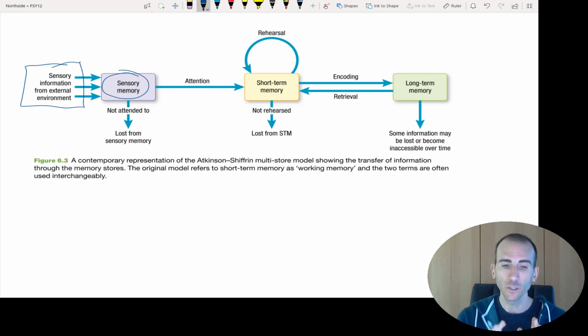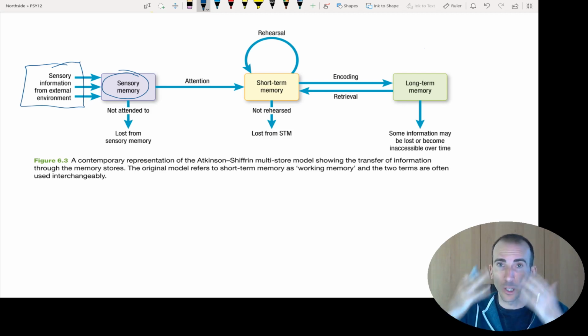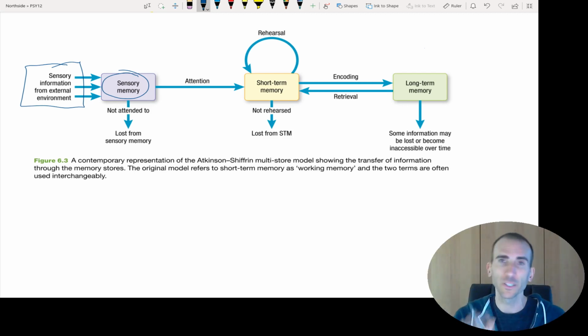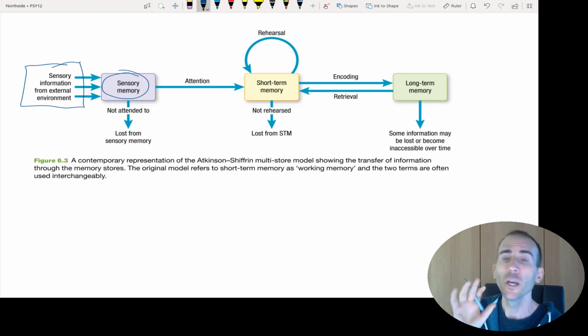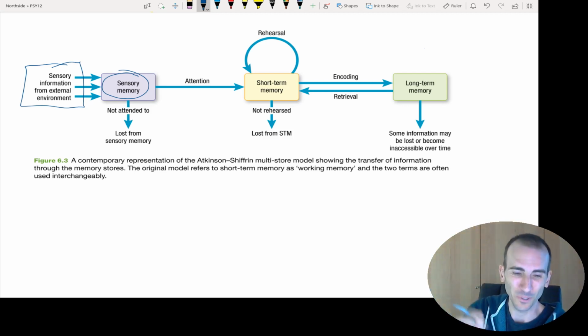This is a really unique type of memory. It's got a very short duration, right? When I look at something, it's in this special sensory memory for only a fraction of a second. We'll talk more about that later. So I've seen it, and it comes into this very unique memory store called sensory memory.